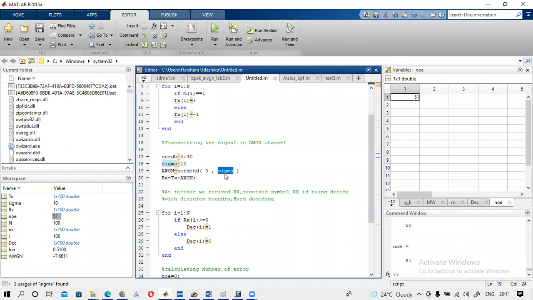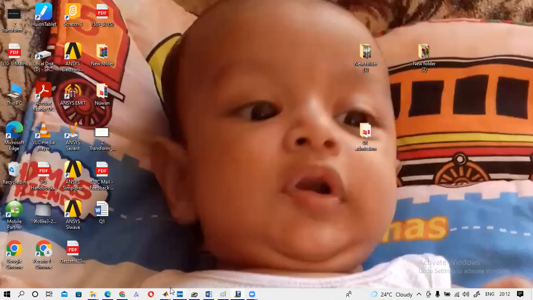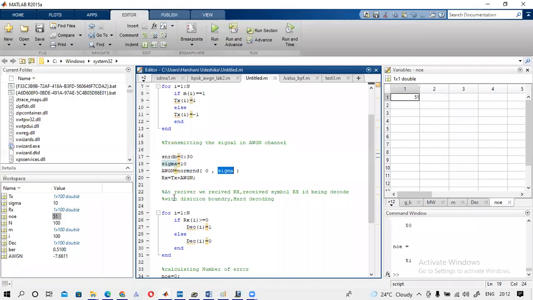But in our random variable we have to put sigma. So sigma is equal to the square root of 1 by 10 to the power SNR dB divided by 10. So this is the sigma. I can write the sigma using the SNR dB.